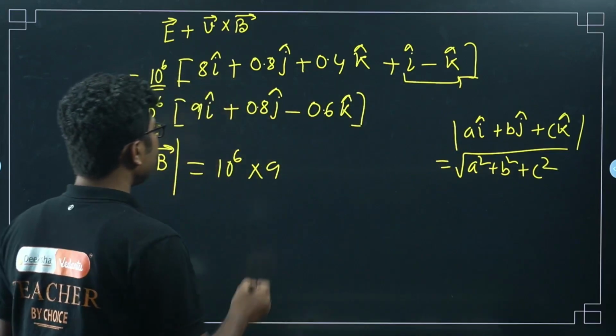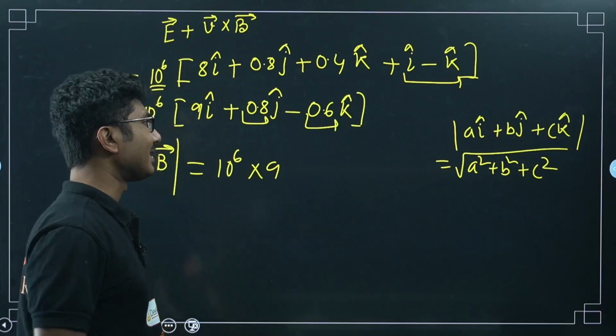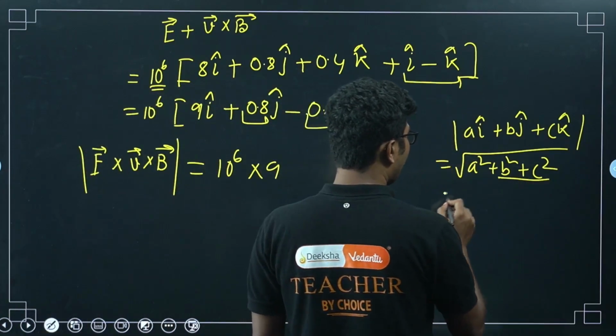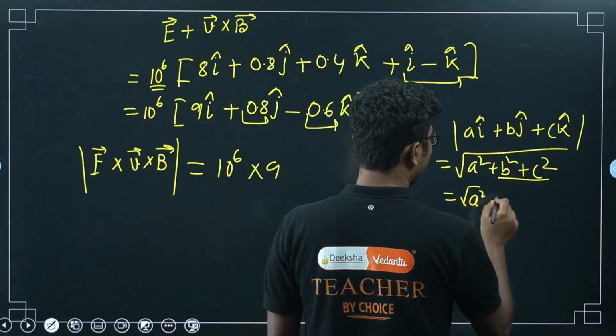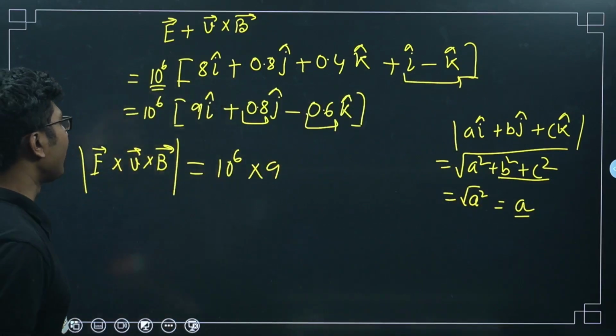Now this is a very small number, less than 1, this is also very small, less than 1, so we can basically ignore B square plus C square. Only A square will remain, so that is equal to A. So we have written the approximated value of this.